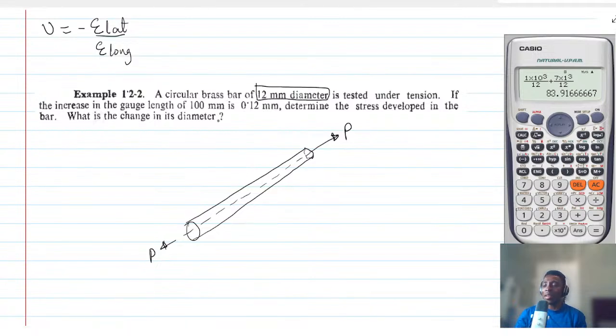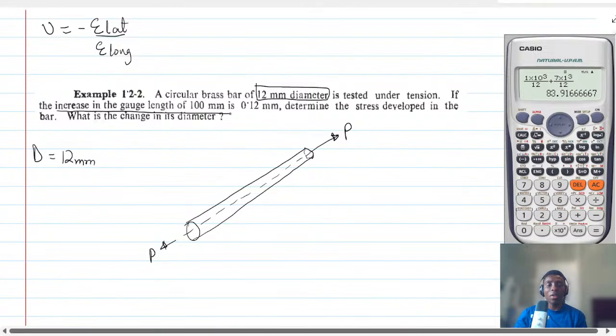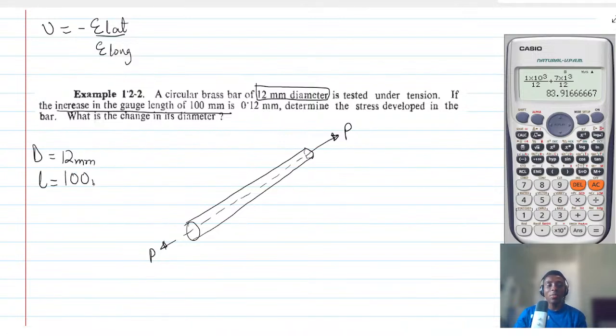So D is 12 millimeters and it is under tension. Now watch this. The gauge length is 100 millimeters, and the increase is 0.12 millimeters.